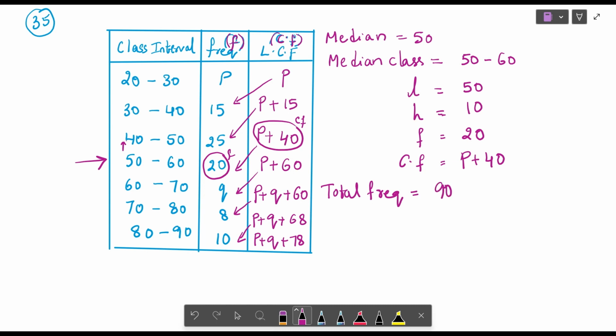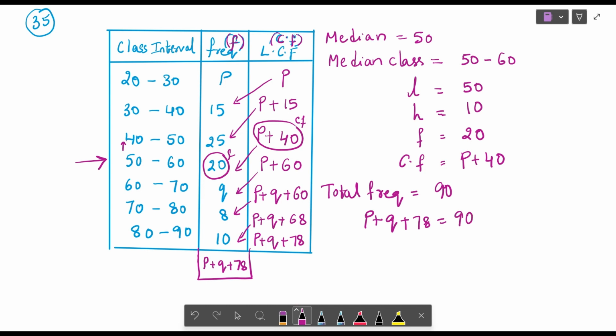Total frequency means you have to add all these frequencies: P plus Q plus 15 plus 25 is 40, plus 20 is 60, plus 10 is 70, plus 8 is 78. So P plus Q plus 78 is the total frequency they have given, 90.